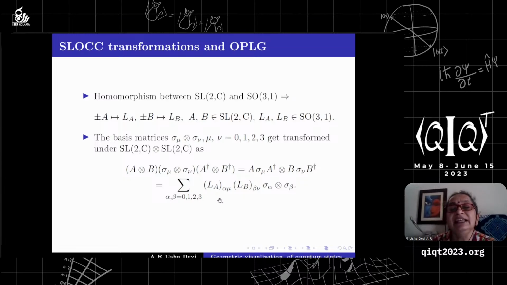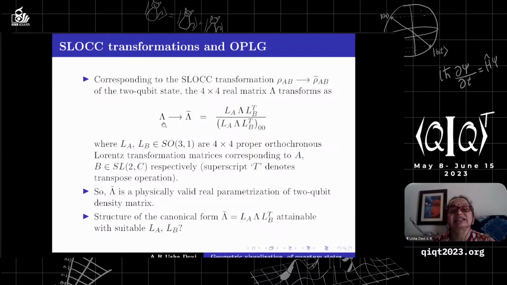So this leads us to the identification that the real matrix associated with a two-qubit density matrix will transform like L_A, a 4x4 Lorentz transformation, lambda, and L_B transpose. What is A? A is a SLOCC on qubit A, and B is a SLOCC on qubit B, and the lambda matrix transforms in this particular structure.